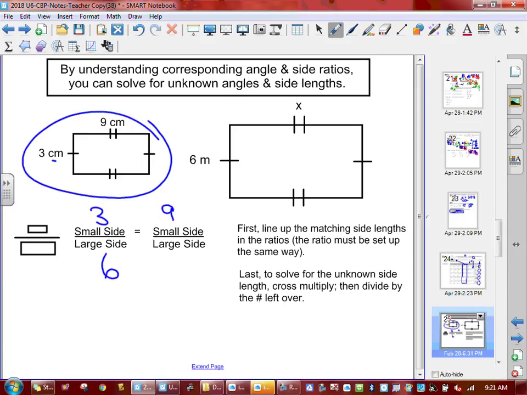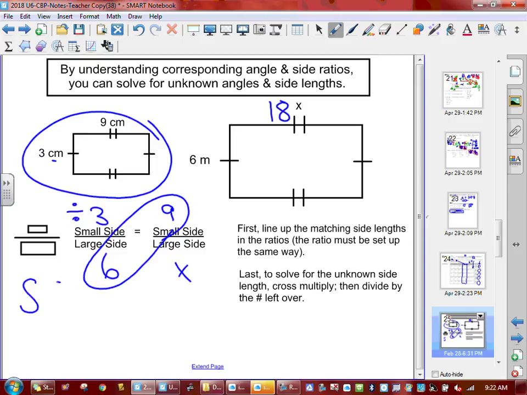So that means X matches 9. Now we cross multiply this way and divide by what's left over. This gives us exactly 18.